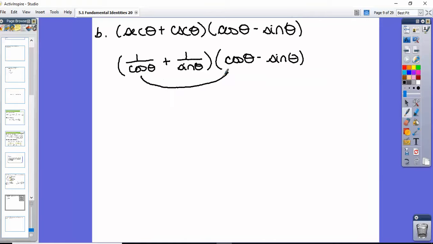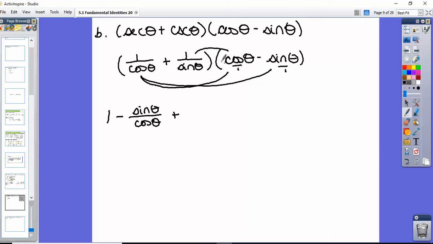So I'm going to take 1 over cosine times cosine. When you do that, those cosines drop and just leave you with a 1. Outside, 1 over cosine times a negative sine. It's just like a sine over 1. So you multiply the tops of the fractions, you multiply the bottoms. So you get sine theta over cosine theta.